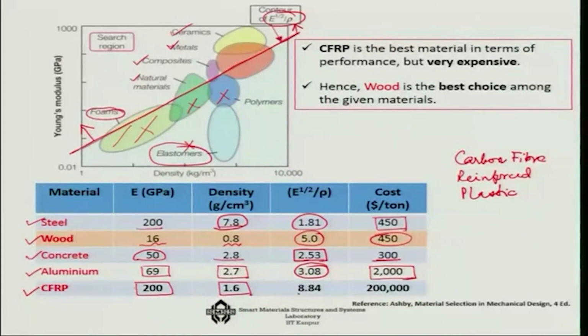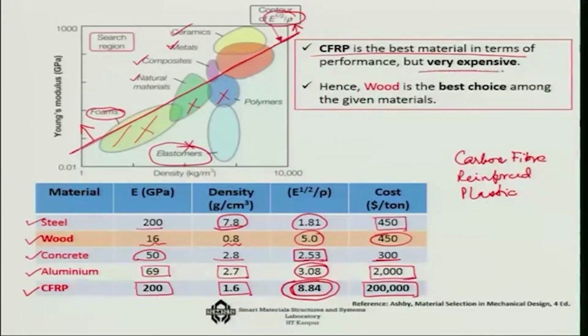So what is the factor, square root over E by rho? 8.84. This is the topmost material, as you can see, even better than wood. But what is the cost? A very high cost per ton, as you can see here. So I would say that CFRP is a very good choice, but it is very expensive.